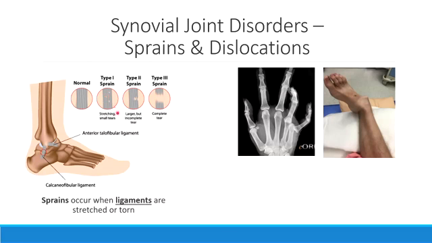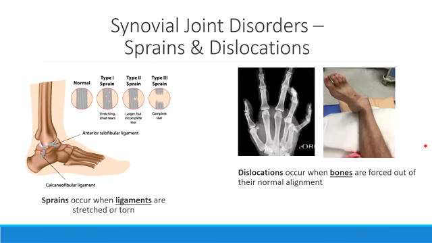If we've stretched it really far compared to where it should be, it might completely tear. A quick note about ligaments, by the way, ligaments have really bad blood supply. So if I don't have good blood supply, it's really hard for me to heal. That's why a sprain hurts for so long, because I tore some of those proteins, but I'm not getting enough oxygen and nutrients to fix it very quickly. So sprains, we've stretched out those ligaments.